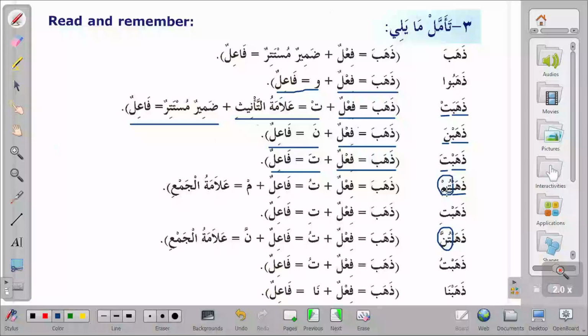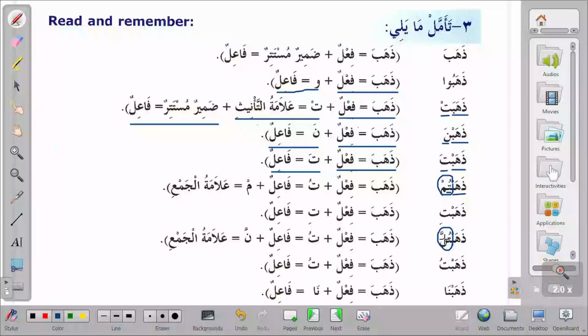But this meem is to signify that you are talking about plural masculine. And here, the noon is to signify that you are talking about plural feminine.